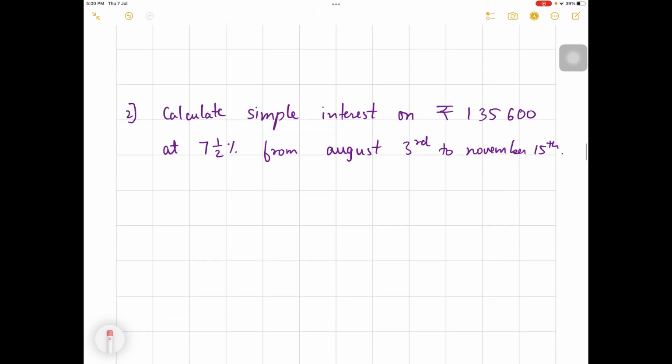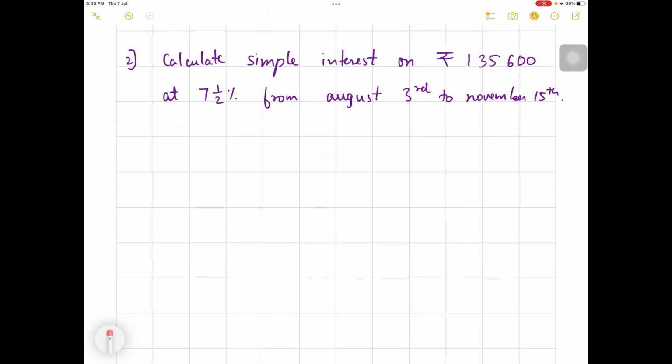Okay, now let's see the next problem. Calculate simple interest on 1,35,600 at 7.5% from August 3rd to November 15. Now you have to count the number of days, August 3rd to November 15. You must know how many days are there in each month.